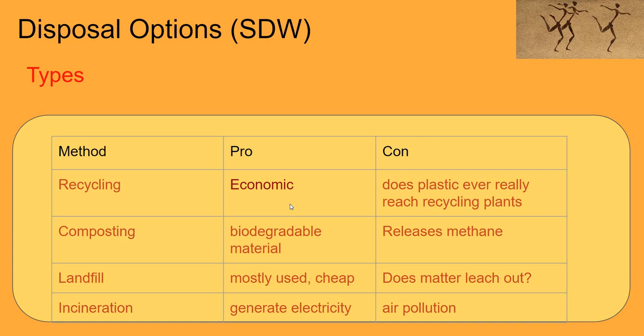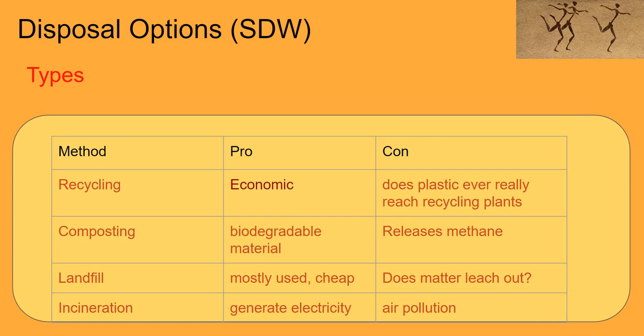Let's go ahead and compare the types of methods we could have for disposing of resources, and the pros and cons of them. So I just mentioned recycling. Economically, I suppose it makes sense because you can recycle the elements, the minerals, and you don't have to find them again. The con, of course, is that it's very difficult to recycle a lot of things and it takes a lot of energy, particularly in plastics.